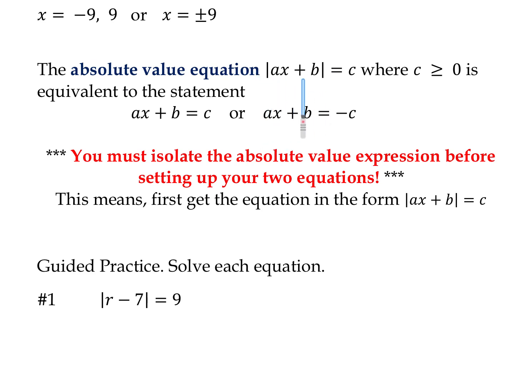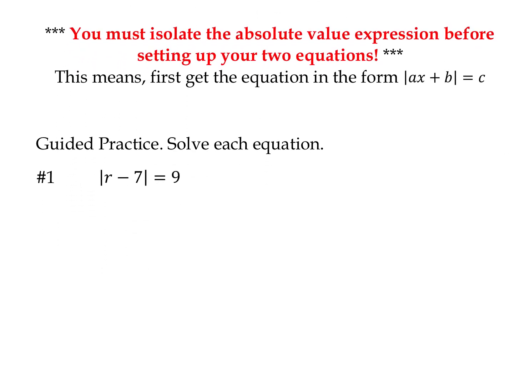We want to get it so it looks just like this: absolute value, anything you want inside there, but nothing outside of it on that side of the equal sign, equaling a positive or 0. Right? So first get the equation in this form, that absolute value equation form. Then we'll set up our two equations and solve them both to get our two solutions for x.